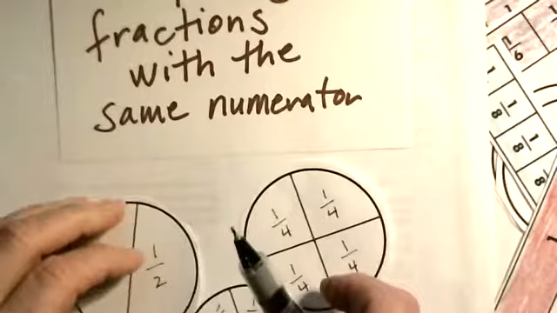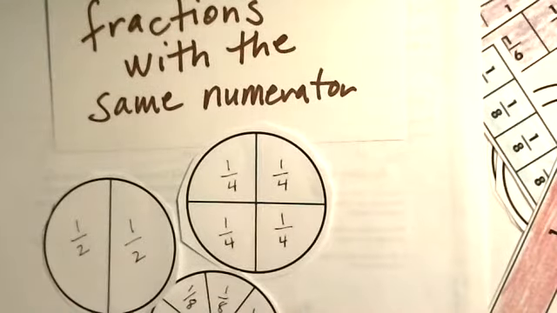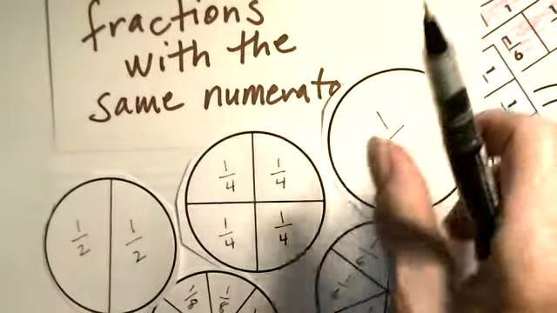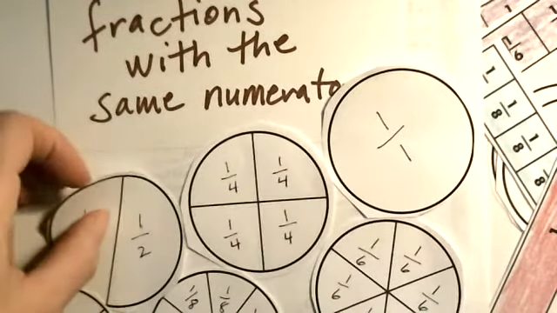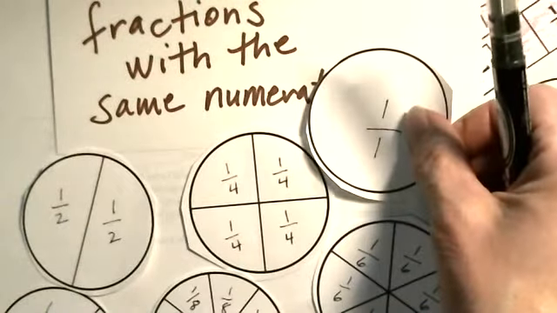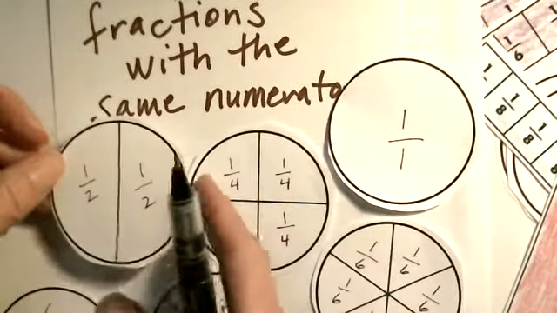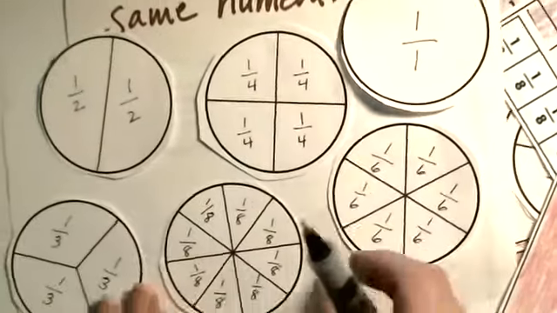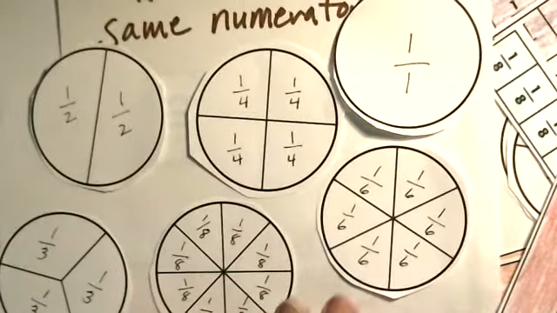These all have 1 as a numerator. Okay, so I have 1/1. That means 1 whole broken into just 1 piece. That's a whole. Then I have 1/2, then 1/4, then 1/3, 1/8, 1/6.